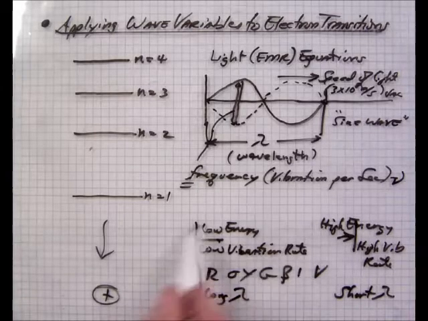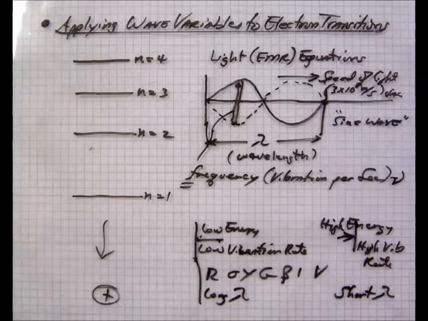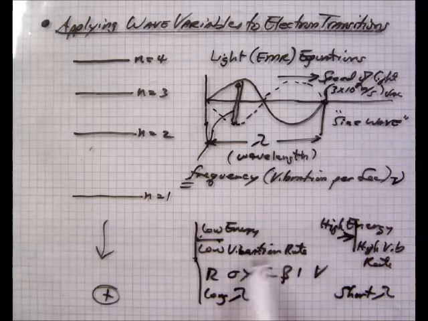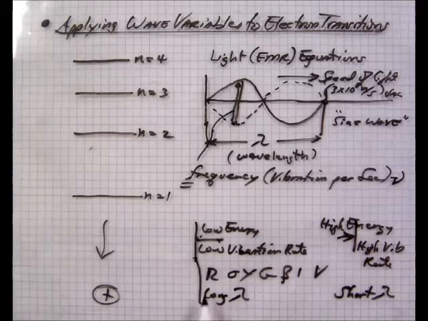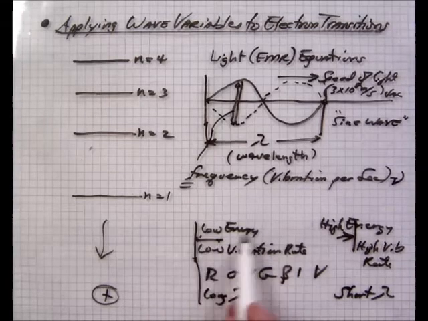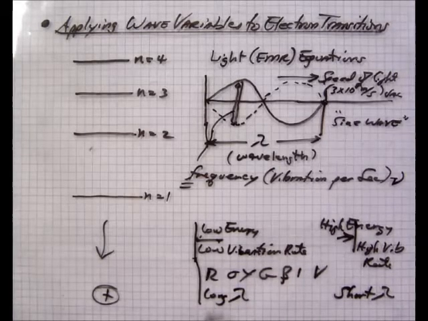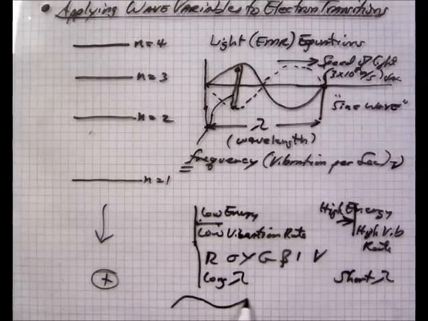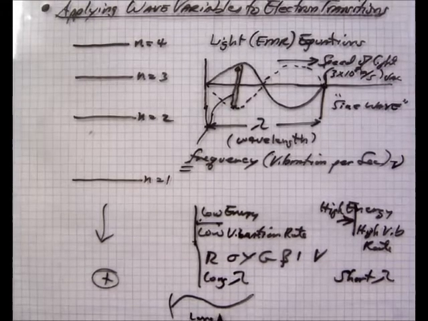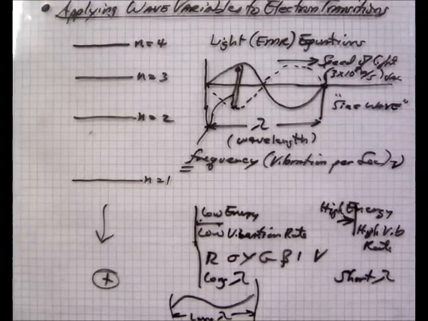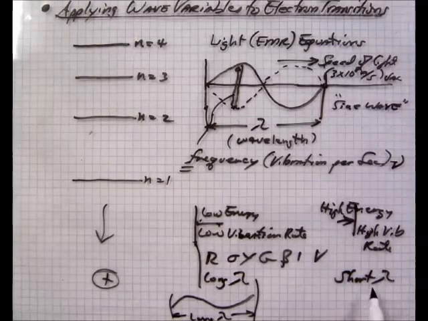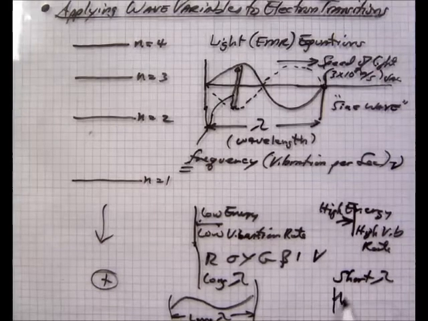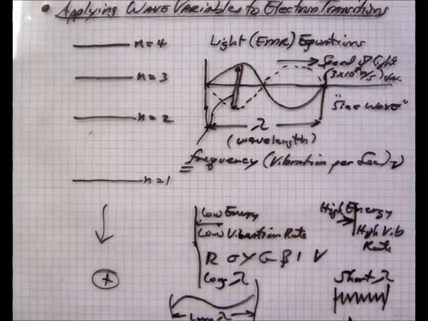So when we're talking about red end of the spectrum and the 3 variables, what are they? They're energy, wavelength, and vibration. Okay? So every one of them start with L's: low energy, low vibration, and long wavelengths. So you'd see a red light would have a long wavelength, and when you look at the violet end, you'd see a real short wavelength.